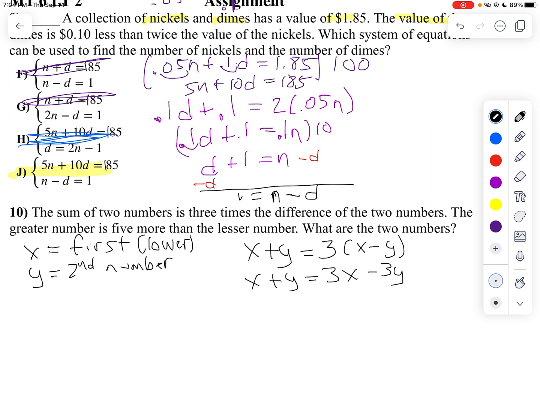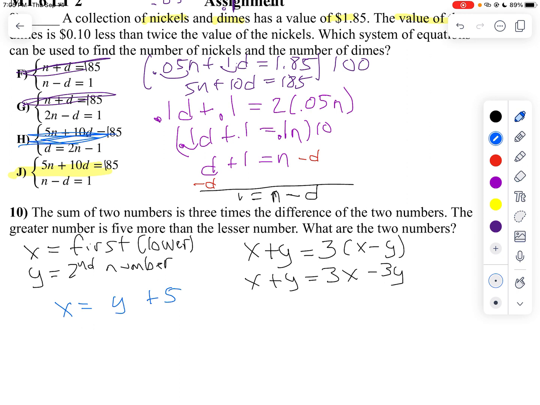The greater number, which we said was y, so my second equation, y equals, is 5 more than, so then we put the plus 5 on the end because I like to make them equal. And then is 5 more than the lesser number, so x.